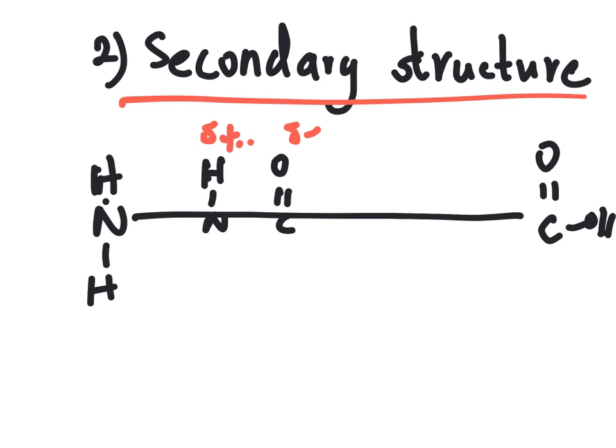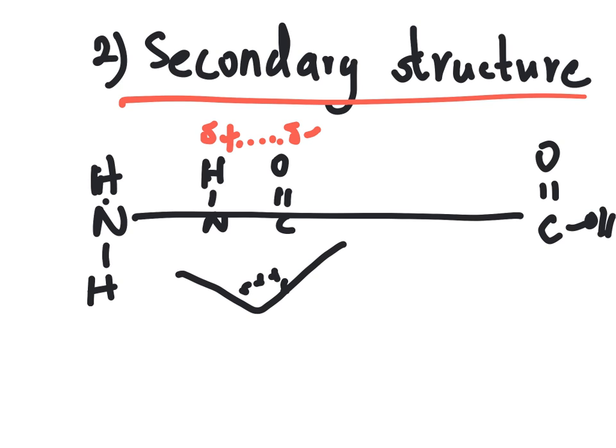Because of that attraction, these two points in the chain tend to become closer. So now you can see there will be a bending, like this. Now these delta positive and delta negative are close, right?